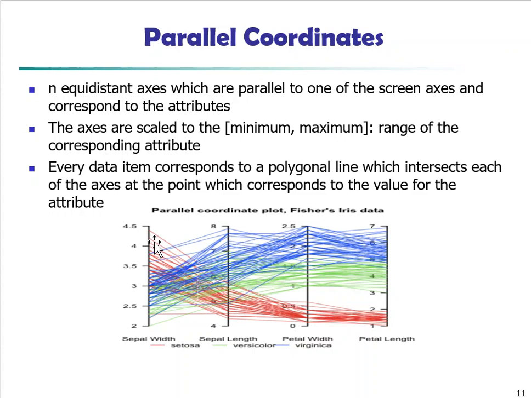We can also apply colors to our class labels. So here 3 different species are depicted using different colors. This way we can see that these three species can be fairly easily differentiated using those 4 variables.